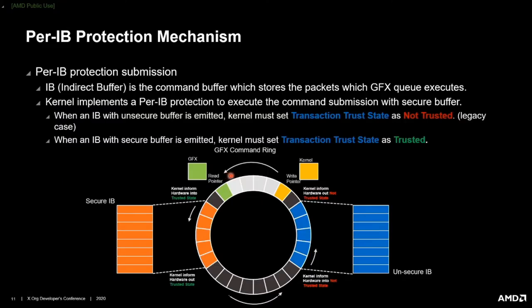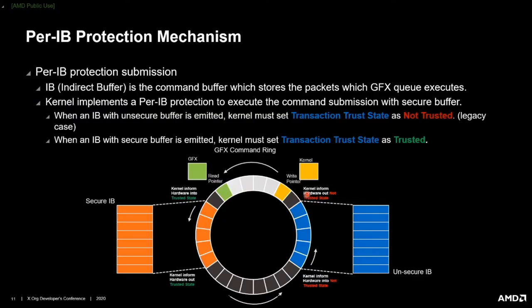The IB is another indirect command buffer which is embedded in the command ring, and many operation packets are actually in the IB. So firstly, let's look at the blue one, which is the legacy case.